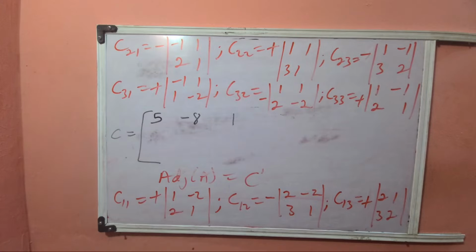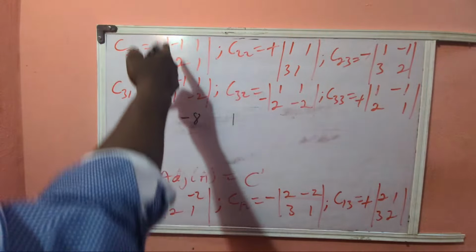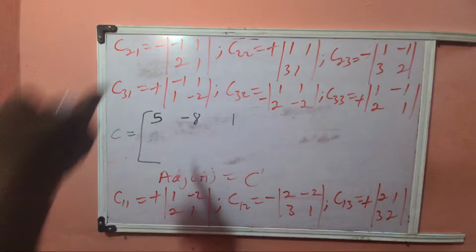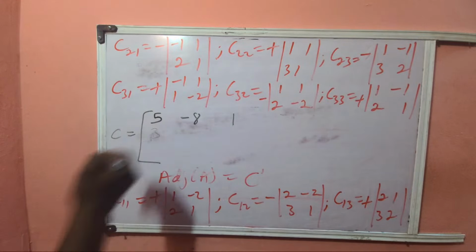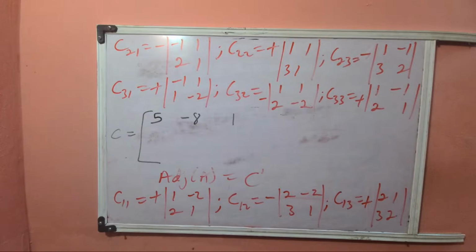Okay, for C21, we have minus 1, minus 2. That will be minus 3. Minus 3 times minus, that will be 3. So we have 3 right here. Please, can you all confirm those answers while you're solving yours?